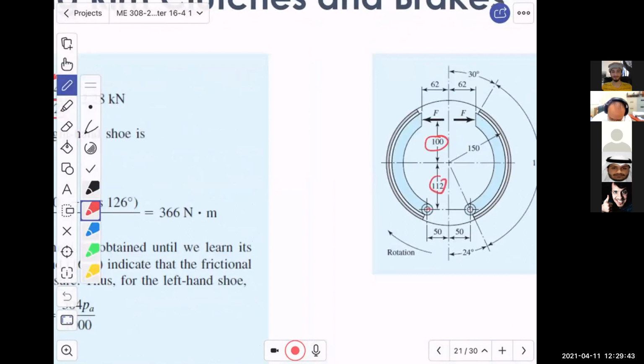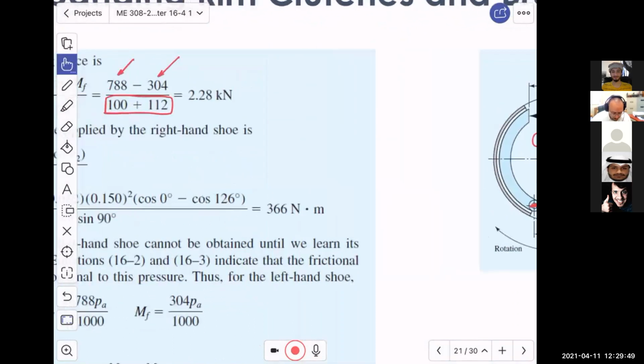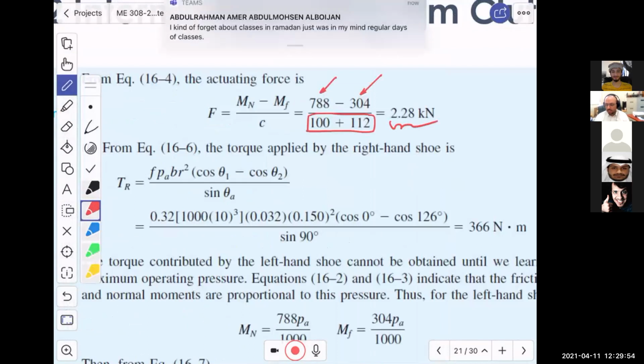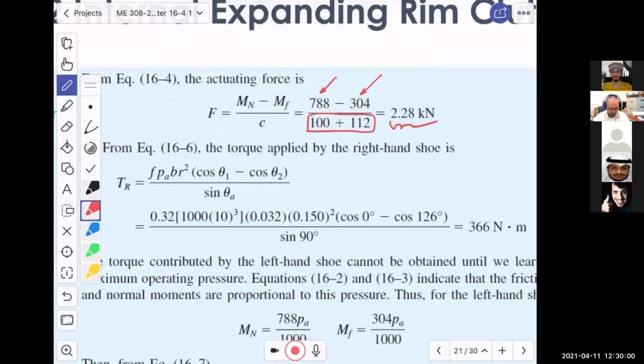This is the distance from the pivot all the way to the actuating force. How much is this? We got 2.28 kilonewton. Okay, 2.28 kilonewton.